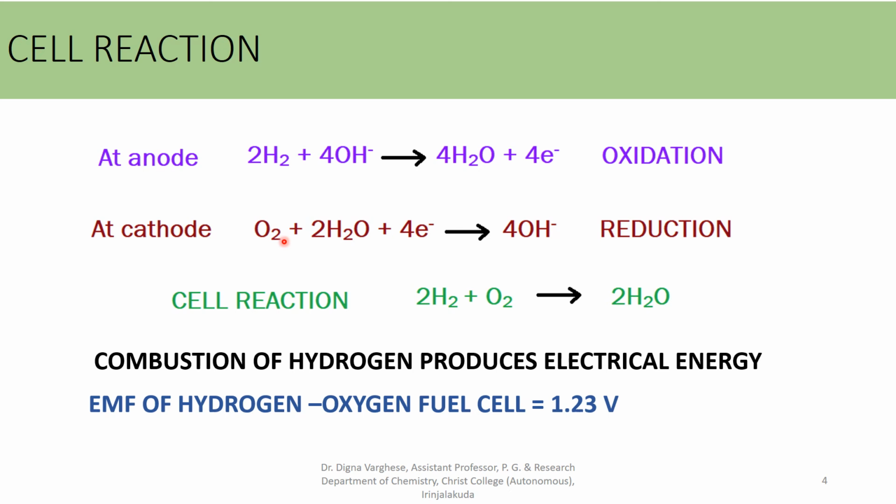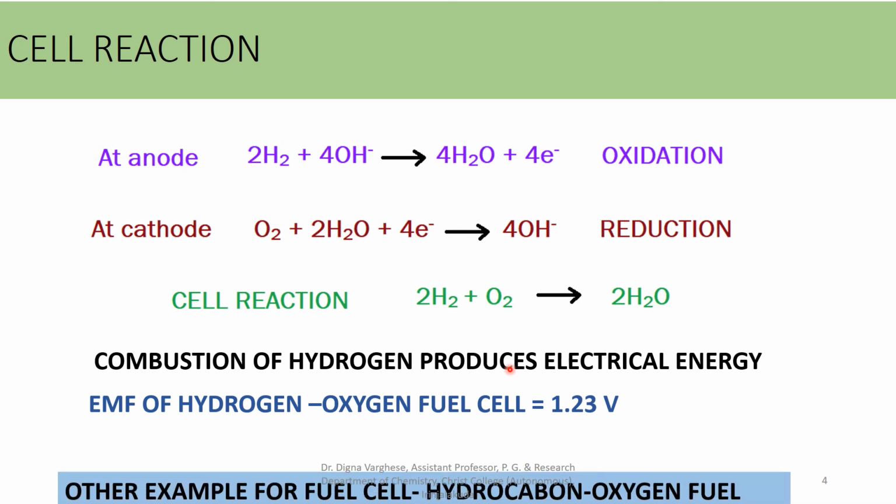That is the only difference between the galvanic cell and a fuel cell. In a galvanic cell, the reactants are within the cell. But here the reactants like hydrogen and oxygen are supplied externally to the cell, producing electrical energy.